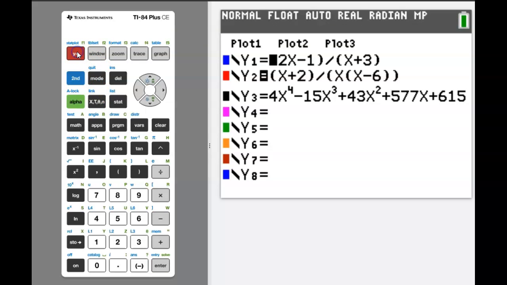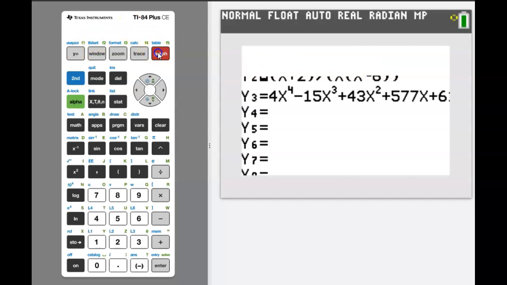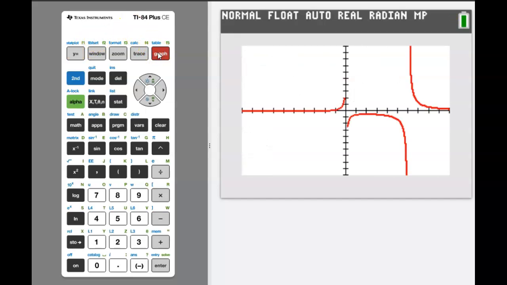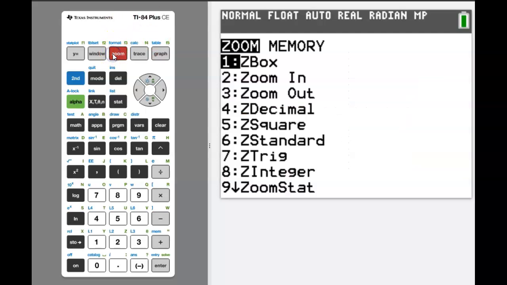Okay, what I wanted to try with you guys real quick, if you go to the graph, you could do a zoom decimal, you could try some different things. I very rarely use the first thing under zoom. If everybody goes to zoom, the first one is box. I want to try that one with you. Pick zoom box.